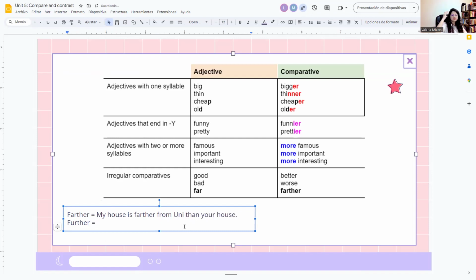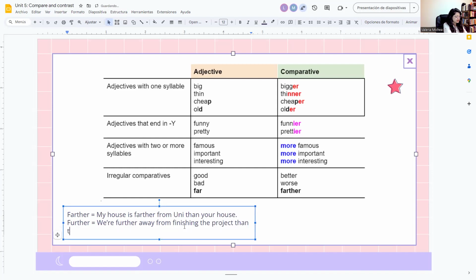Whereas further is talking about an emotional distance, an abstract distance. For example, we're further from finishing the project than the other class.